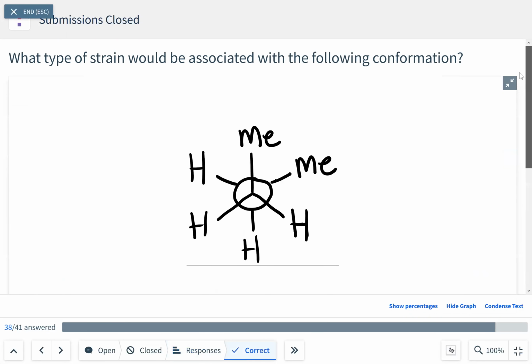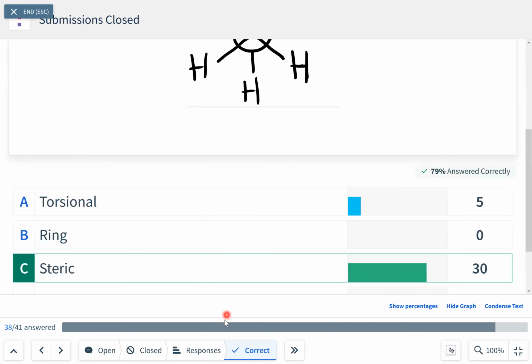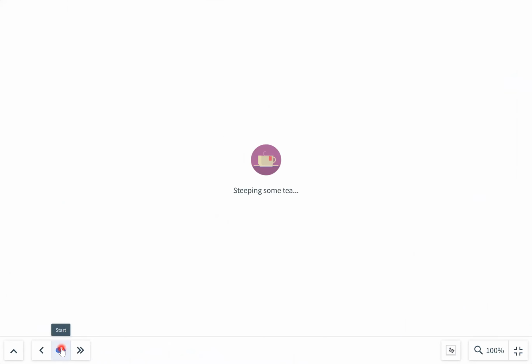So with staggered conformations, the main type of strain will be steric, where you get large groups in the gauche conformation to each other. With eclipsing conformers, you can have a combination of steric and torsional strain. Okay, and I think that leads us into the next question.